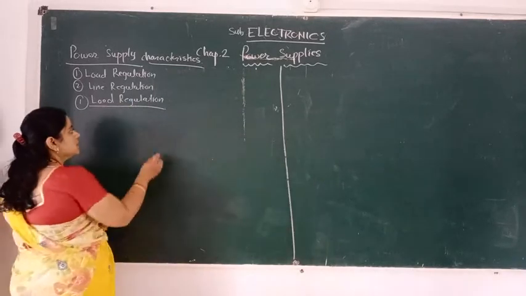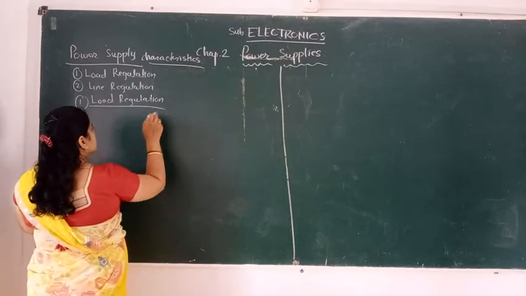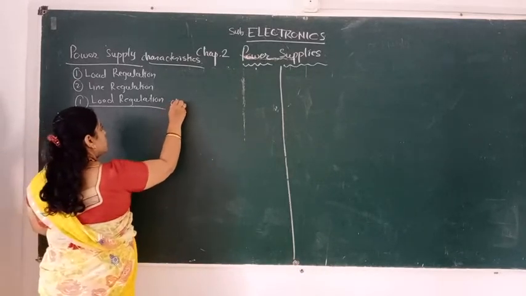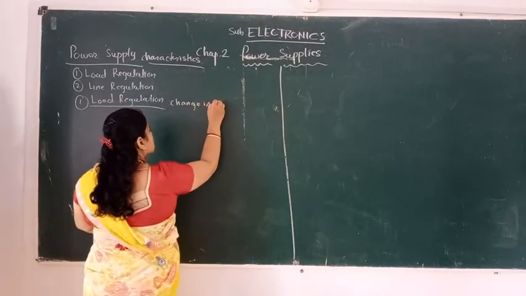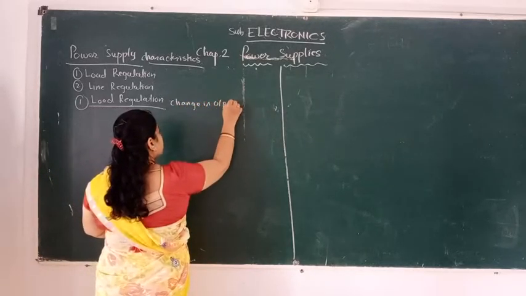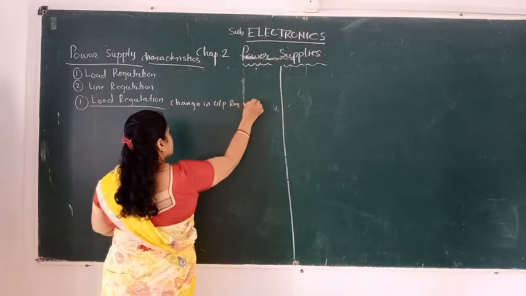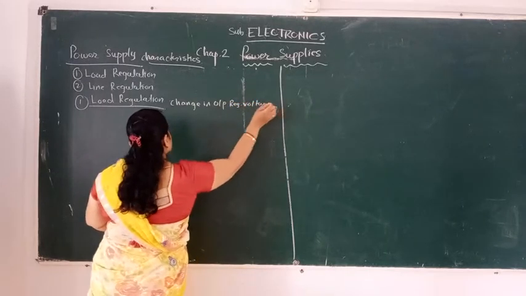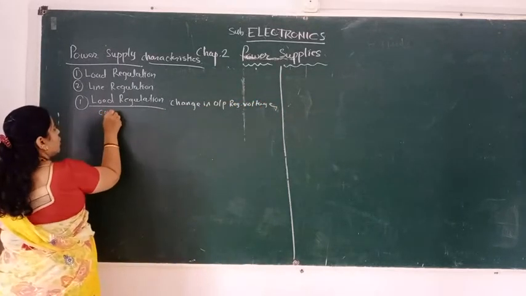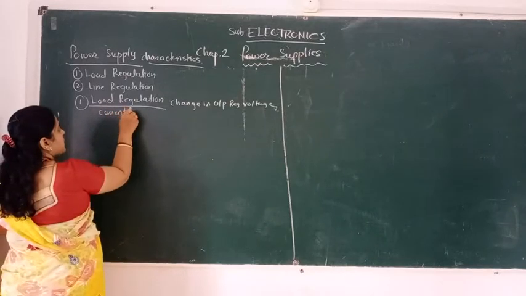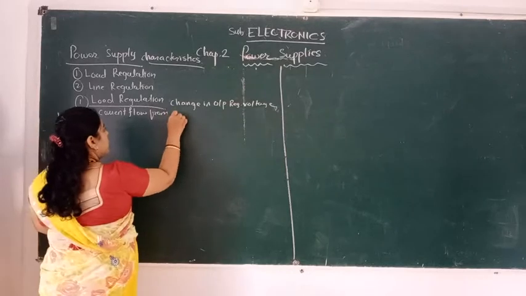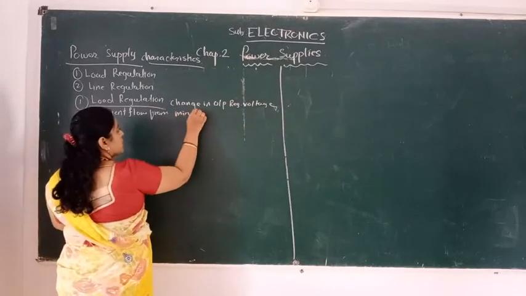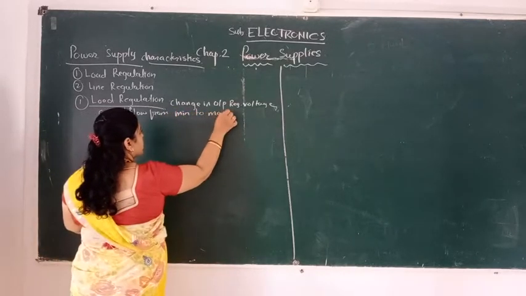When there is a change in output regulated voltage, then current flows from minimum value to maximum value.